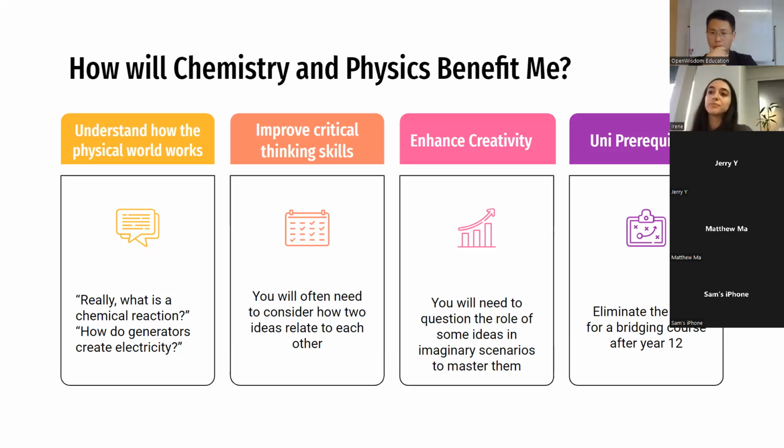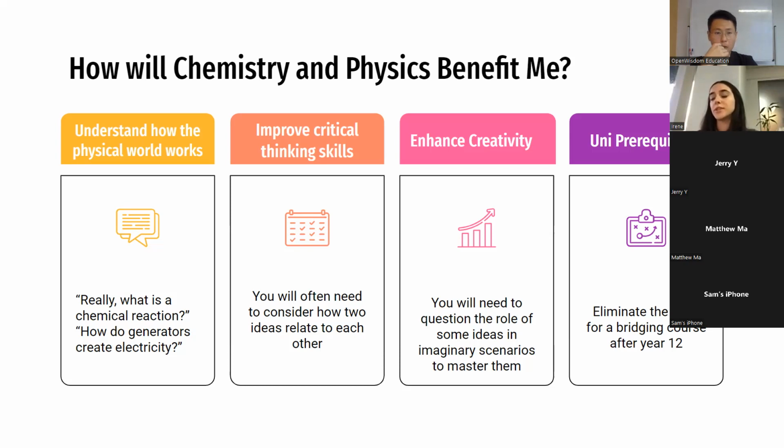And lastly, physics and chemistry are very common uni prerequisites, especially with health, science, and engineering subjects. So by doing them in year 11 and 12, you effectively eliminate the need for a bridging course after year 12.